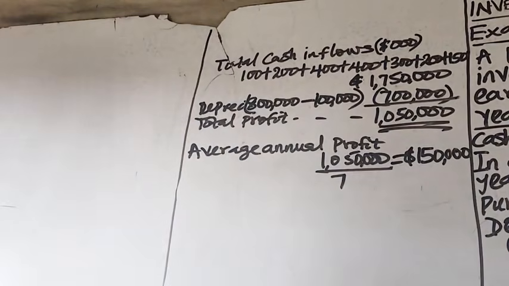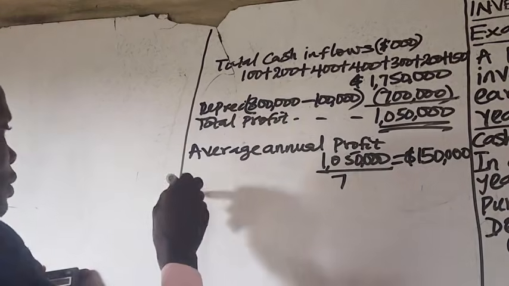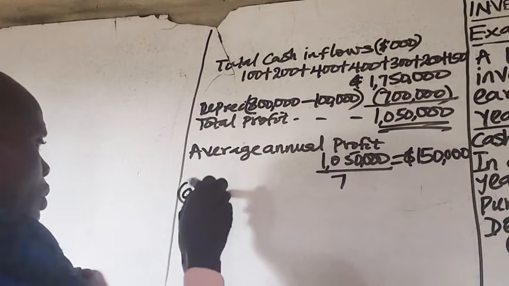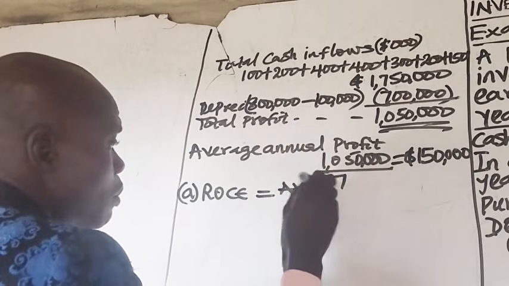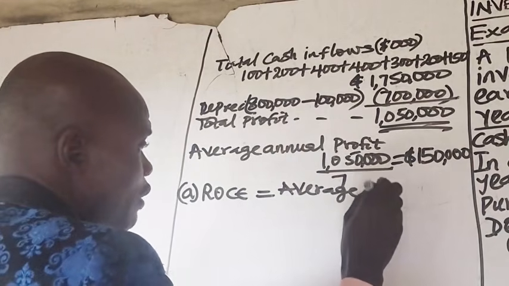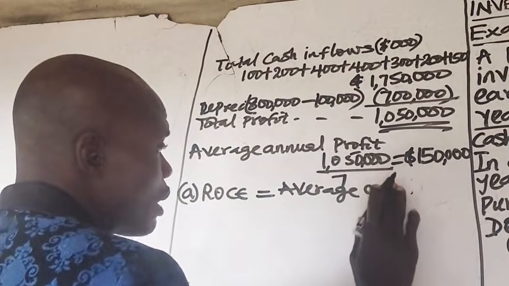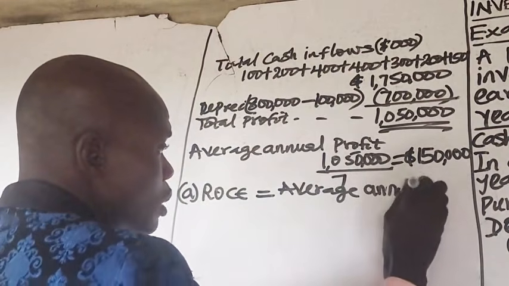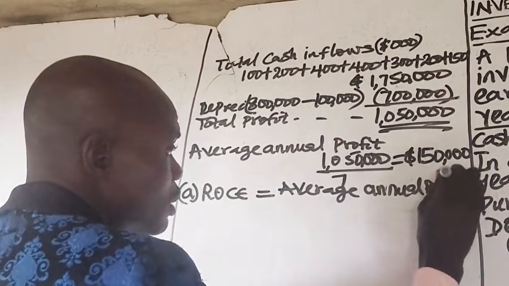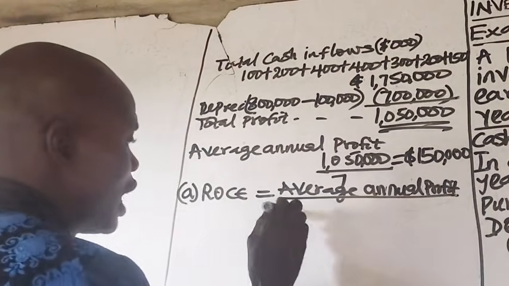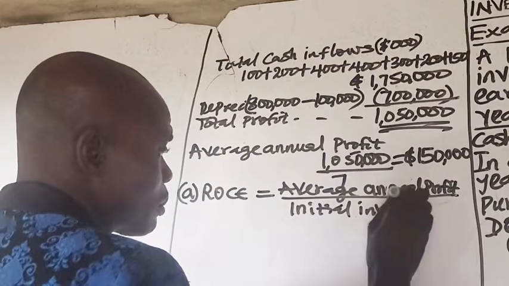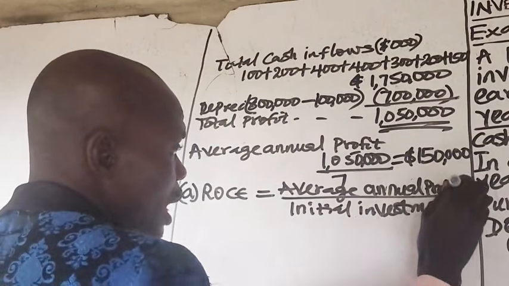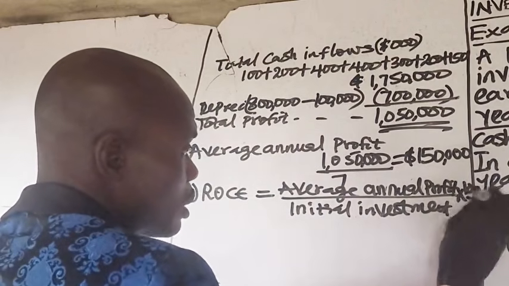Now that you have the average annual profit, you want to calculate ARR, that is the ROCE, return on capital employed, which is average annual profit over initial investment, times 100 over 1.